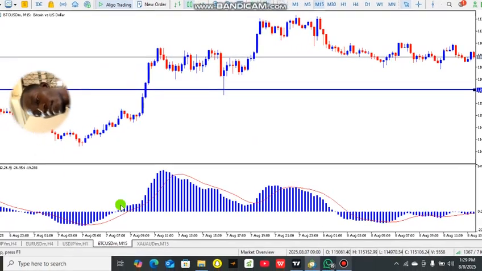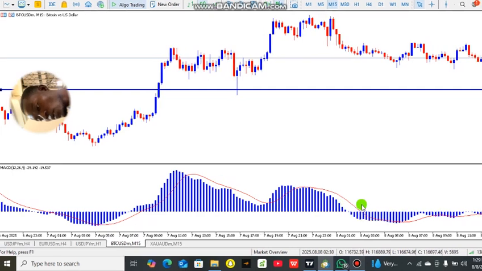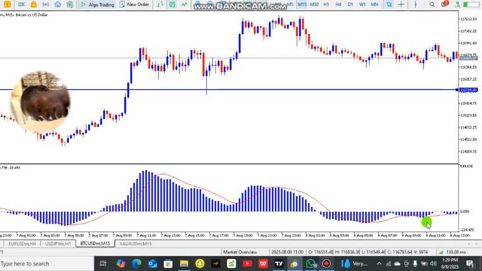Now, this is the MACD indicator. Okay, the MACD indicator comprises of a signal line, a MACD line. The blue lines are called the MACD line, and then we have the signal line, which is the moving average, the red line that is moving above and below the MACD lines.